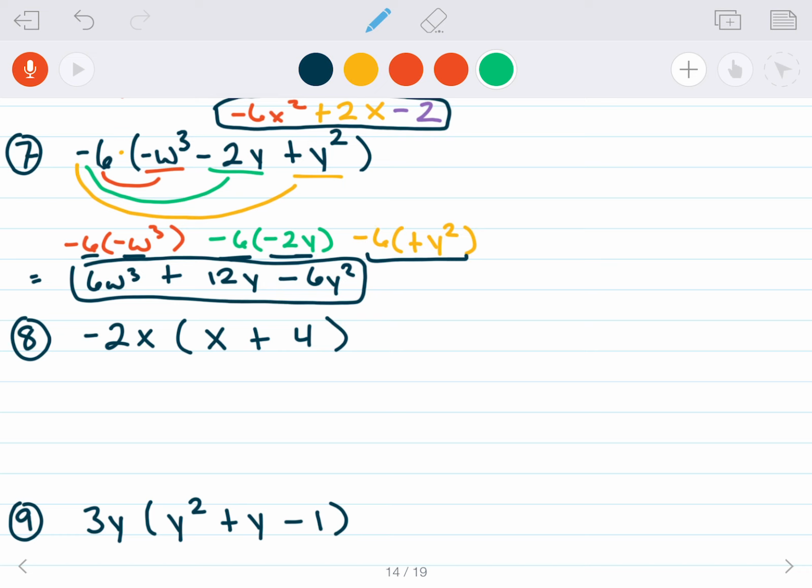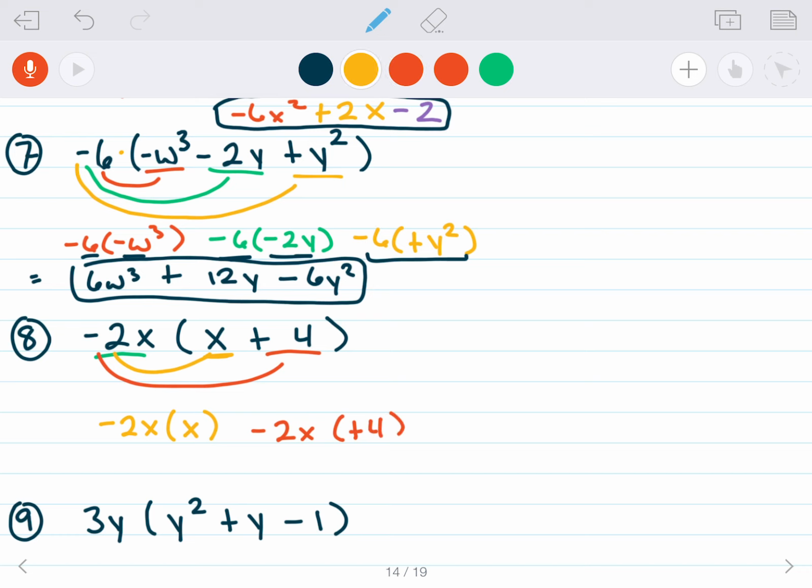We have a negative 2x on the outside, and it's being multiplied by 2 terms, a positive x and a positive 4. So we have negative 2x times positive x, and then we have a negative 2x times a positive 4.